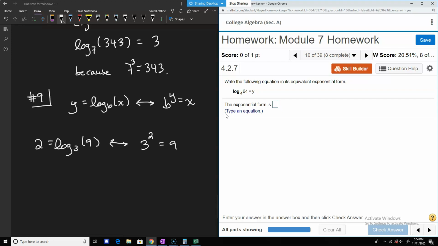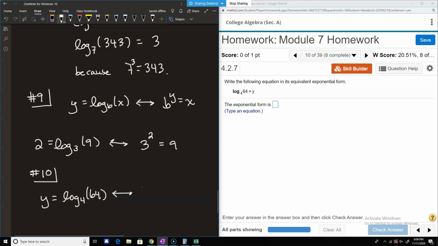Write this in its equivalent exponential form. Again, same problem. Number 10, we have y equals the log base 4 of 64. So, how would you rewrite that?